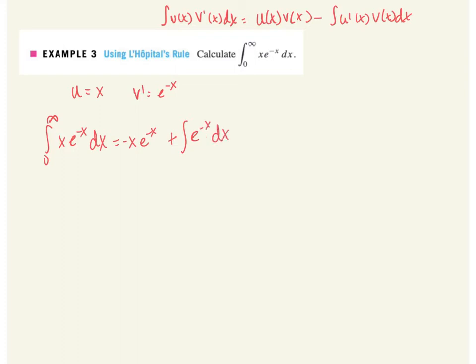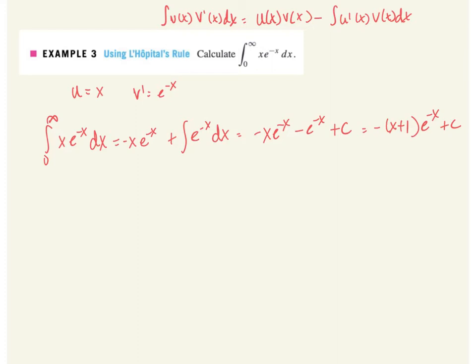Right, and our sign changed here because it went from subtraction to addition because v is negative e to the negative x. So negative x e to the negative x minus e to the negative x plus a c for now, which is negative quantity x plus 1 e to the negative x plus c.